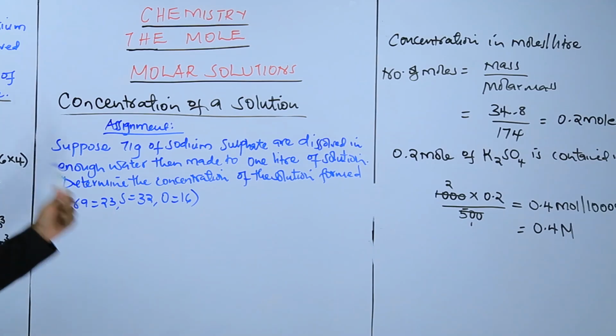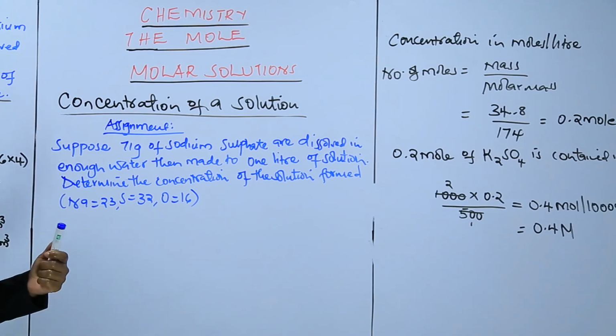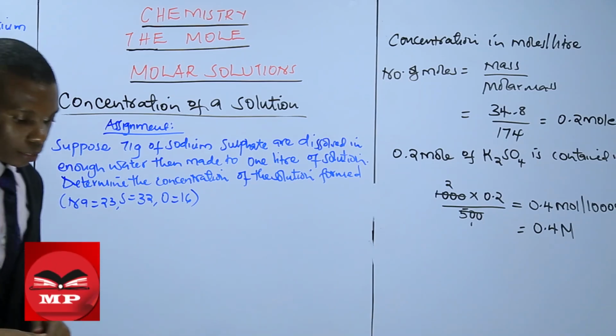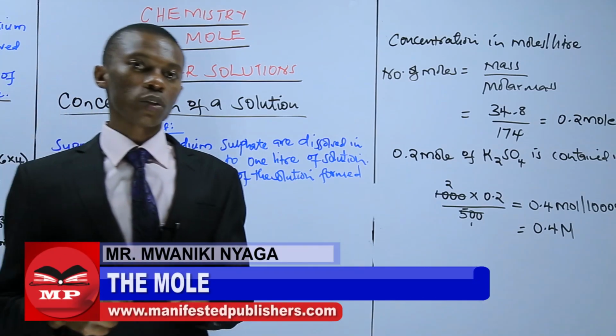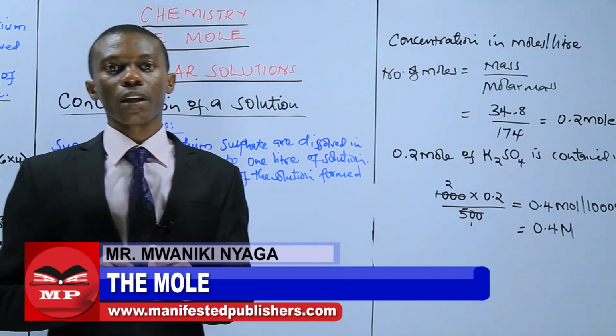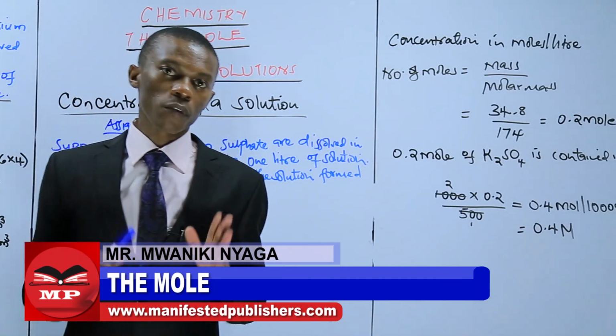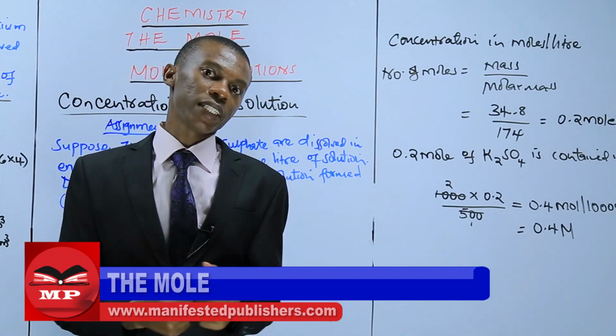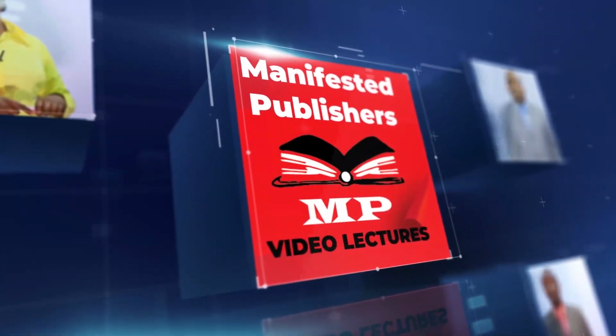Determine the concentration of the solution formed. Ensure that you attempt that question before we meet in the next lesson, where we'll be learning about the molarity of a solution. Therefore, let's meet in the next lesson.